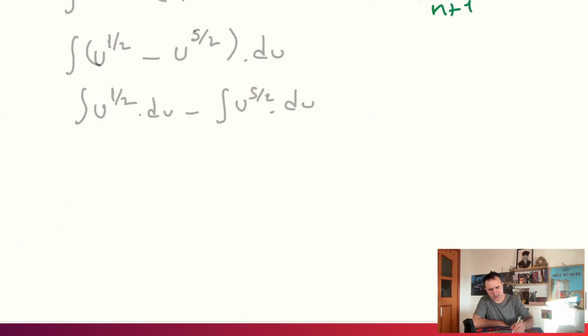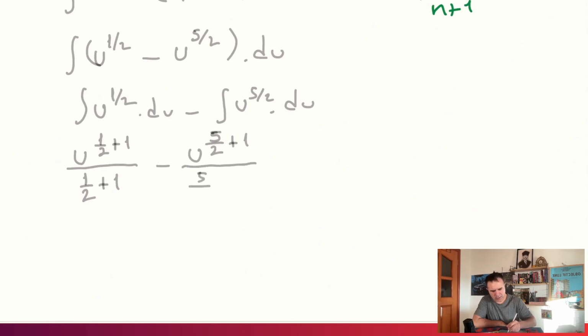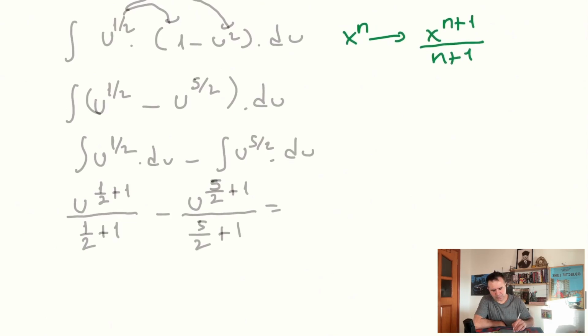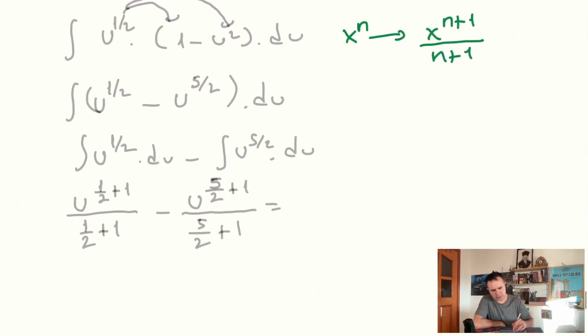Now to integrate it, we add 1 to the exponent, 1 over 2 plus 1, and divide by the new exponent. For u to the power of 5 over 2, we also add 1 and divide by the new exponent. 1 over 2 plus 1 is equal to 3 over 2.